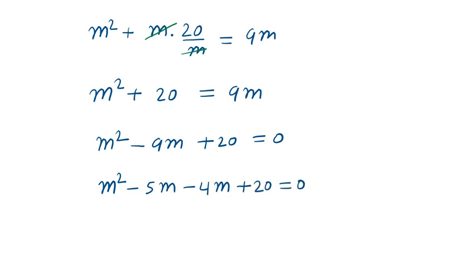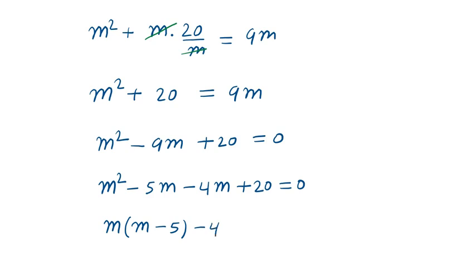to 0. Look carefully, in the first two terms m is a common factor. If we take m common, then m square divided by m gives m, and minus 5m divided by m gives minus 5. And in these two terms, minus 4 is a common factor.